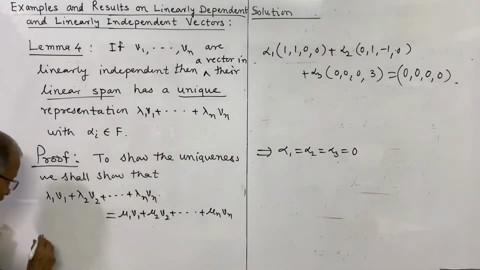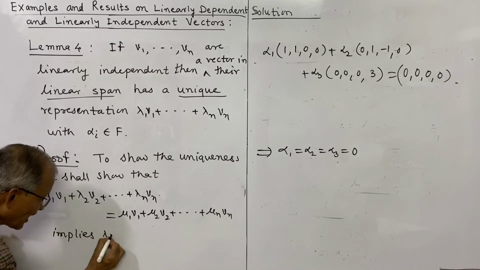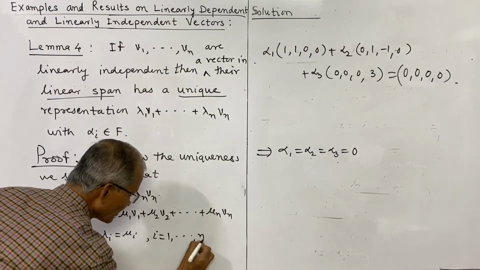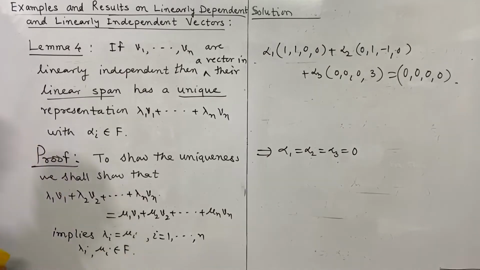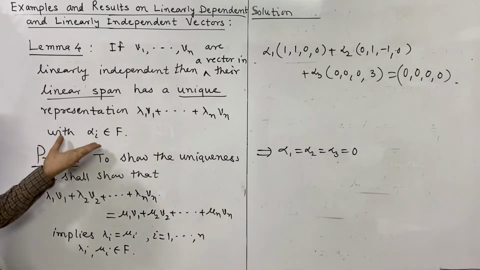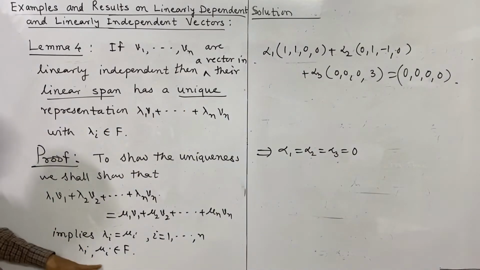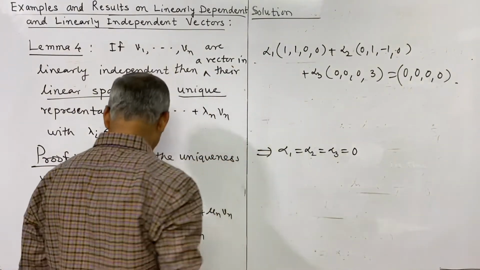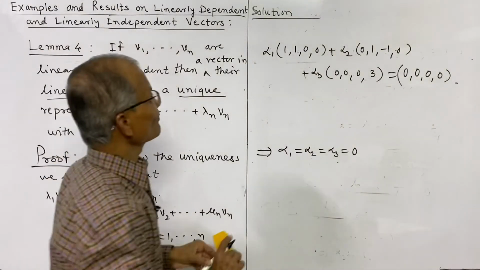So this implies lambda i is equal to mu i for i from 1 to n, where lambda i and mu i belong to F. These are scalars in F, and these two expressions will be unique if their corresponding scalars are equal. That we have to show.